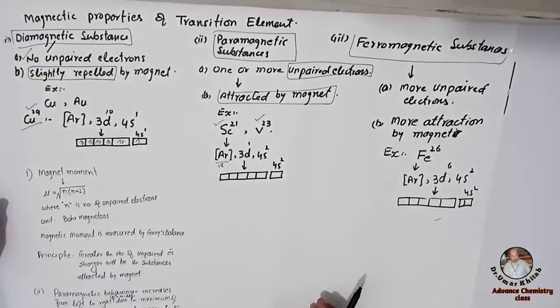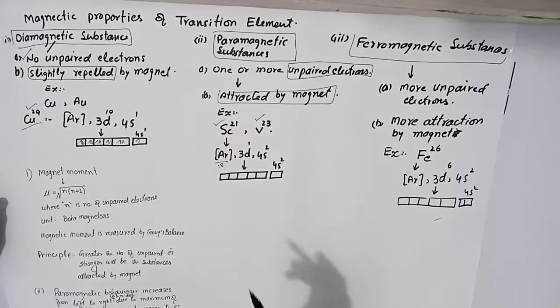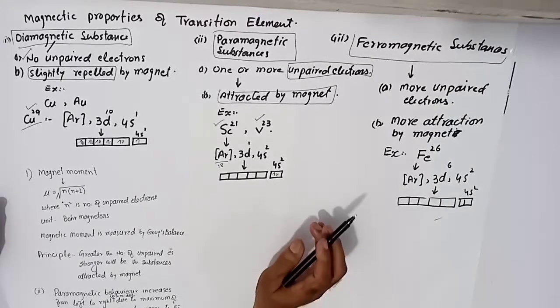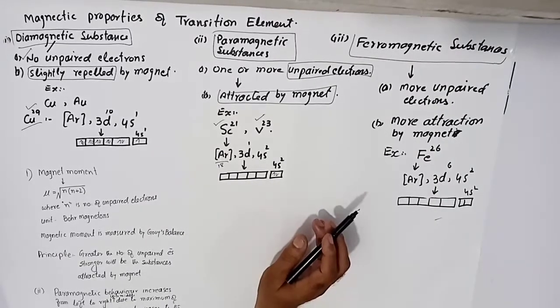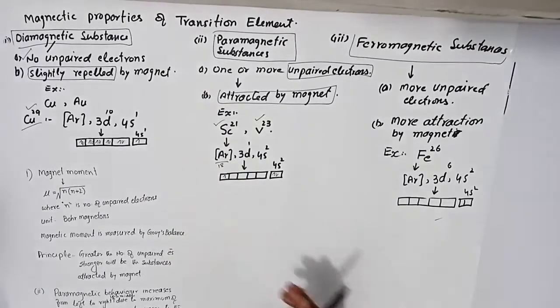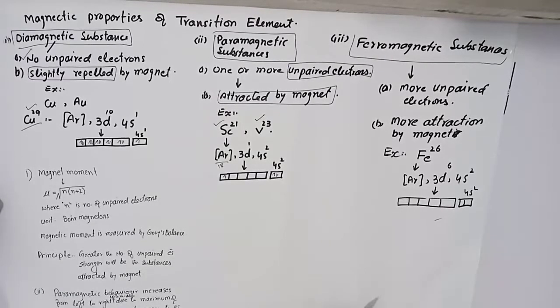There are 18 electrons in argon, and two electrons will occupy 4s. Now only one remains, that is 3d1. So here we can see that there is only one unpaired electron. Such substances are attracted by a magnetic field.